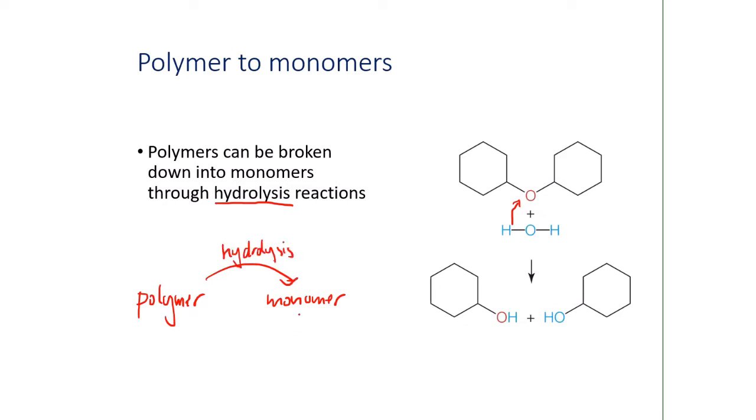And if you want to take monomers and make polymers again, that's going to be dehydration synthesis. This could keep on going as long as you are adding water over here, and removing water over here.